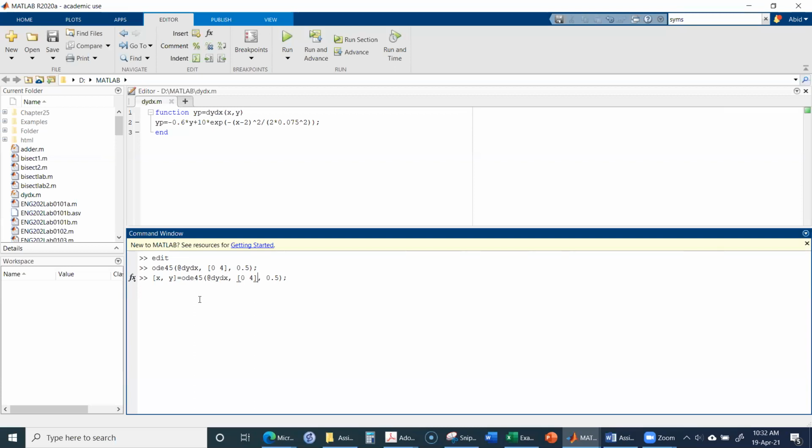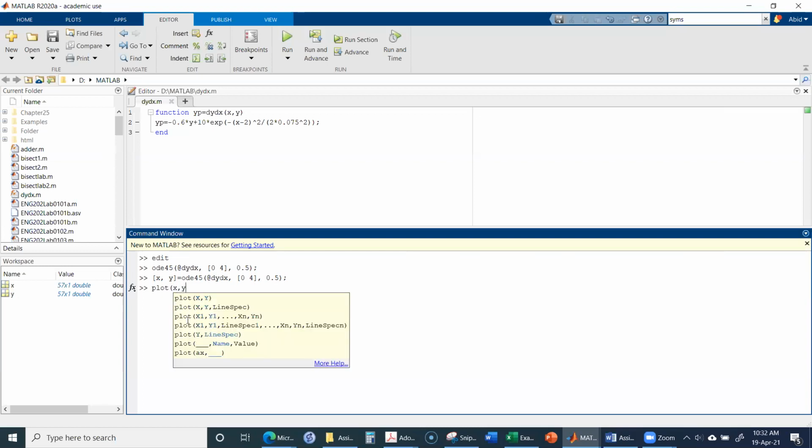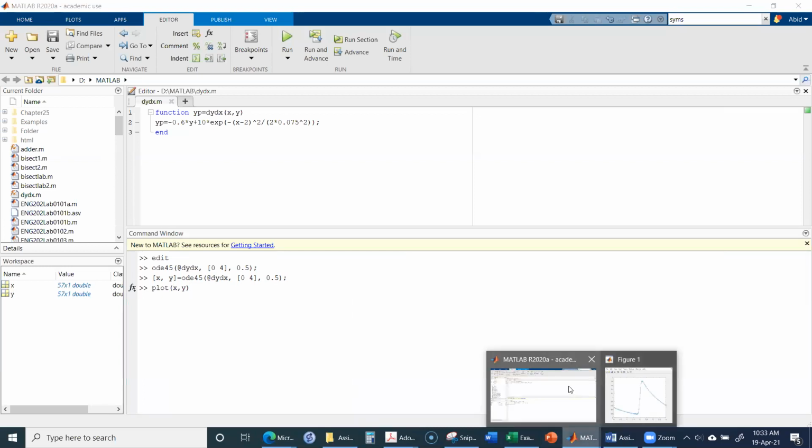So we will get the x and y values over here. In this case, you can see that x is a 57 by 1 and y is a 57 by 1 array. And then we can plot x versus y. So we will get the same answer.